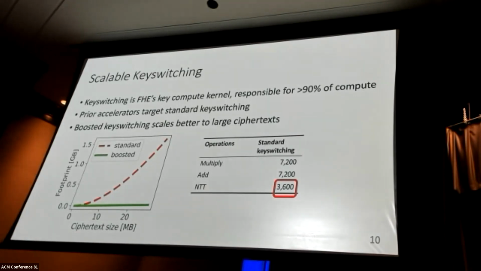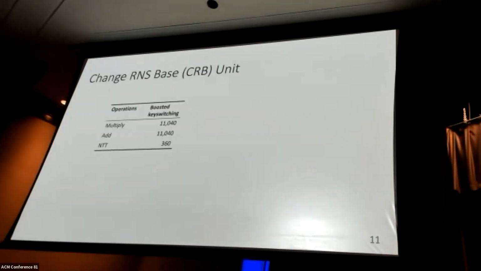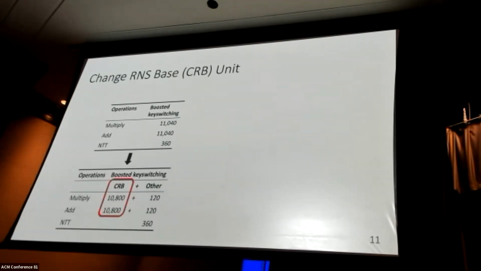Prior work supports NTTs well, and so it can do standard key switching well. But boosted key switching has most of its operations in the simple multiply and add operations, and much less in NTTs. So the problem is that a naive implementation of boosted key switching that goes through the register file would bottleneck on the register file bandwidth or number of ports.